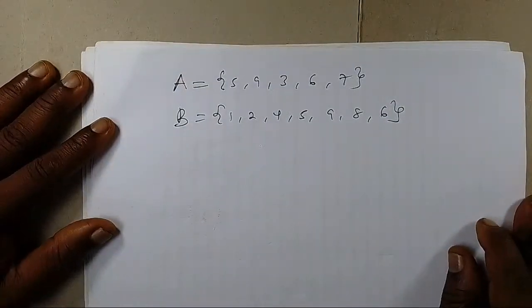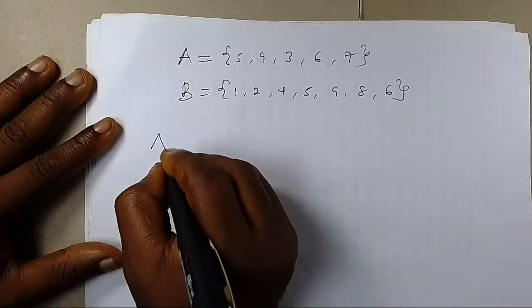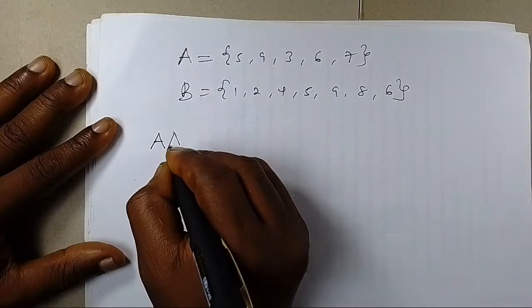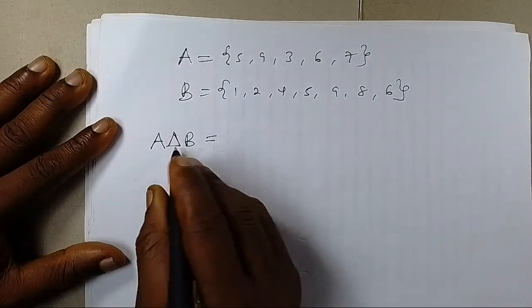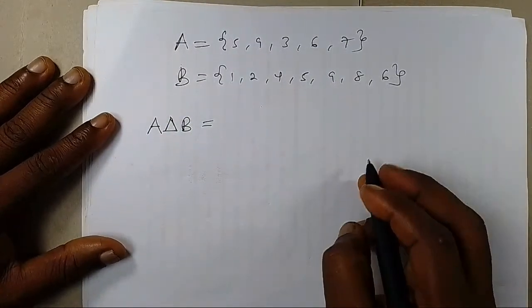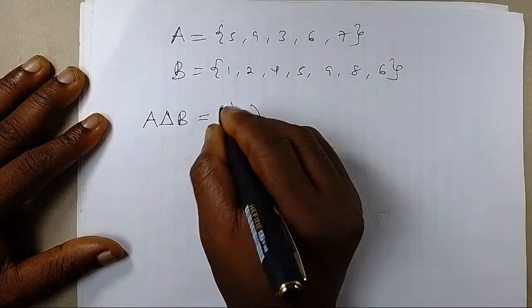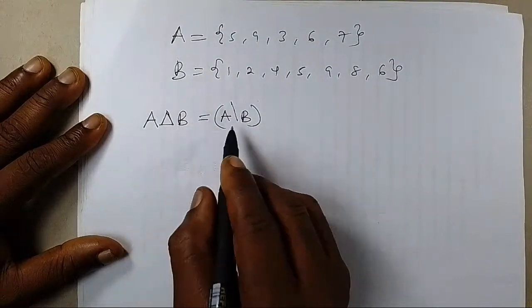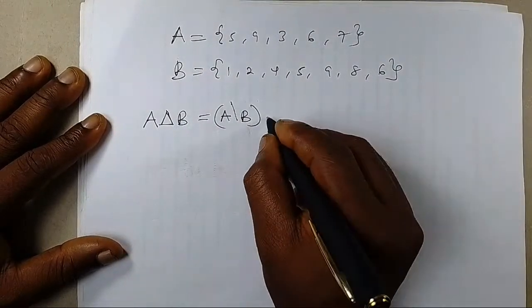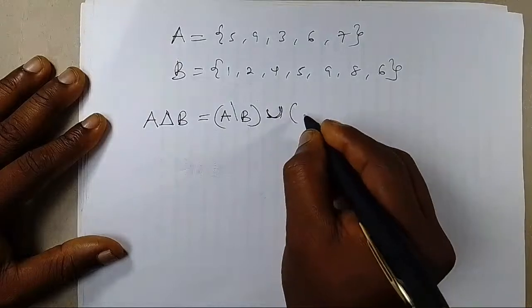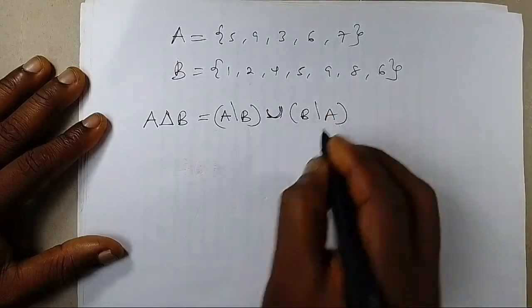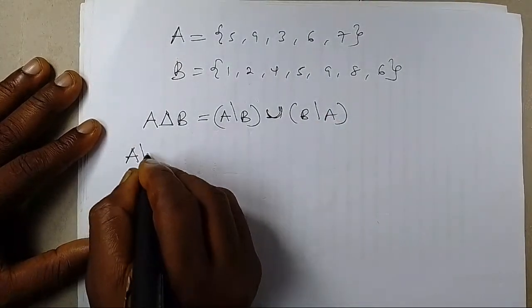For you to find A delta B, that is A symmetric difference B, remember the definition says that A symmetric difference B is A difference B union B difference A. Now the question is, what is A difference B?